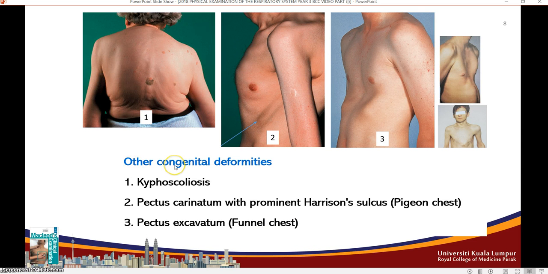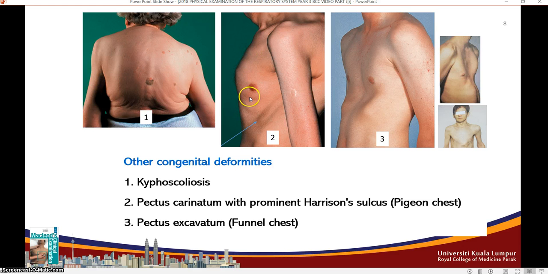Other congenital deformities. 1. Kyphoscoliosis. In this condition, there is exaggerated lateral and forward curvature of the spine. 2. Pectus carinatum.